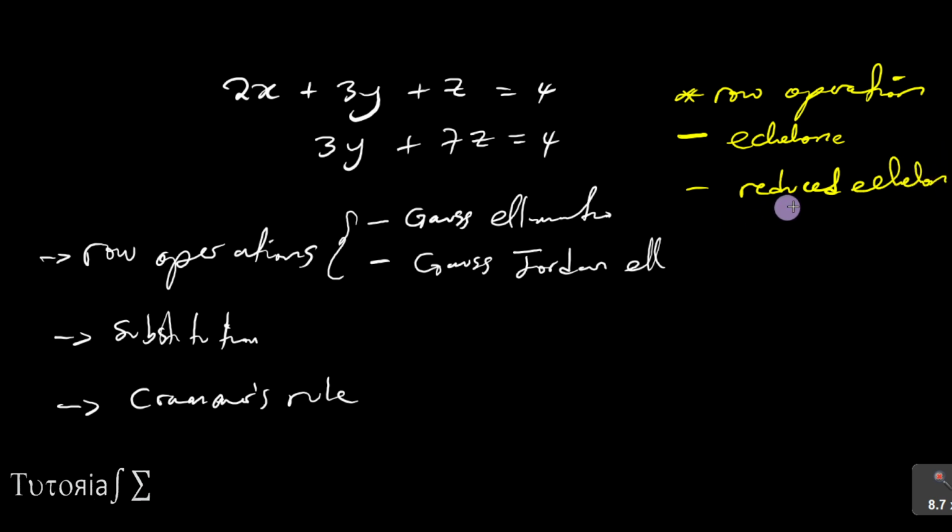Okay, so that is what I'm assuming. You know how to use row operations and how to reduce a matrix to echelon and reduced echelon, but I will be giving lighter notes on how to reduce a matrix into an echelon and into a reduced echelon. Then I hope you'll be able to catch on from there. But if you have any problems, then you can just ask me, then I'll be able to help.